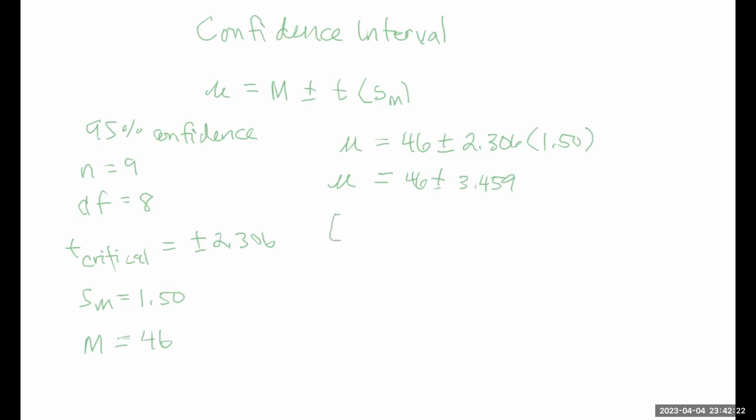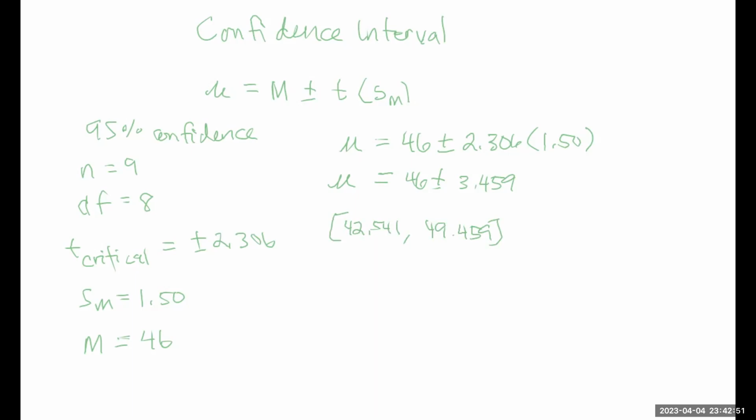The lower number is going to be 46 minus 3.459, which is 42.541, and then the upper is 49.459. So I'm 95% confident that my population mean will fall between 42.541 and 49.459.